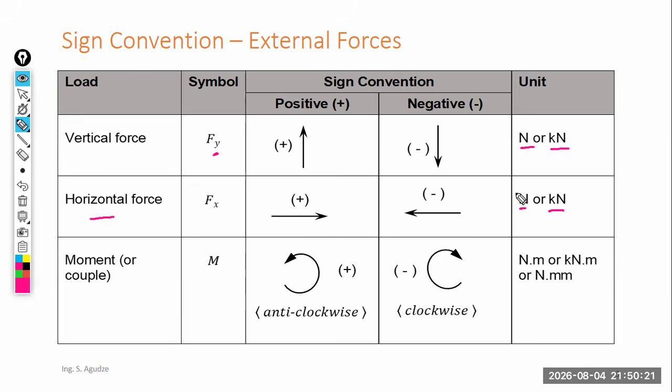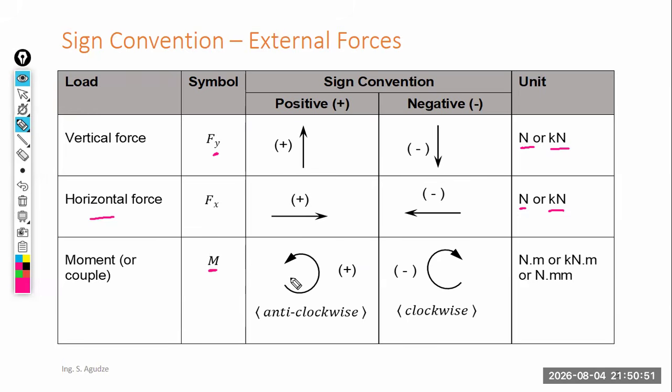And then finally, we have what we call moment or couple, represented by capital M. Now, moment is considered as clockwise if the rotation is in the order of how our clock moves. You know, our clocks actually, the way it moves, in that kind of movement, we call it clockwise. Is that right?